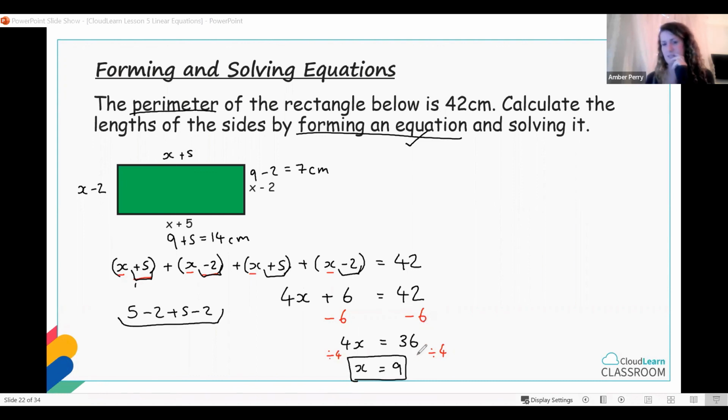And then divide both sides by 4. So 36 divided by 4. We're dividing both sides by 4. Oh, okay. Makes sense? Yes. Okay. Any other questions? Please do ask questions because it really does help clear things up.